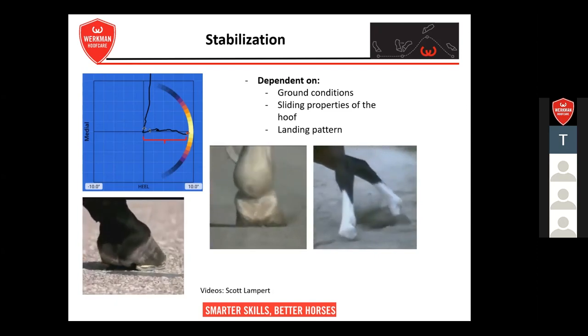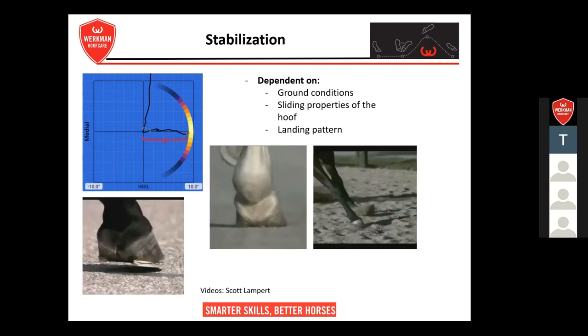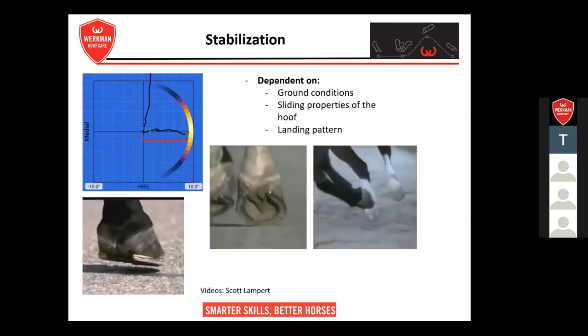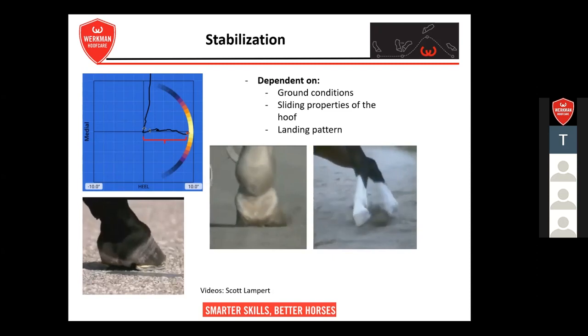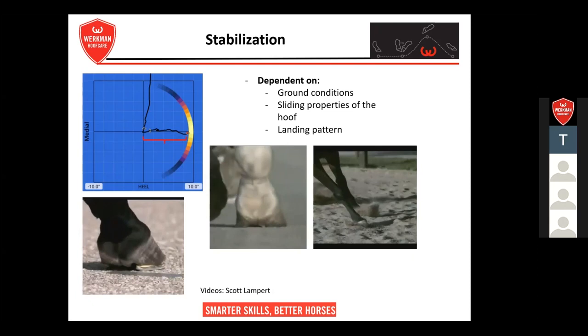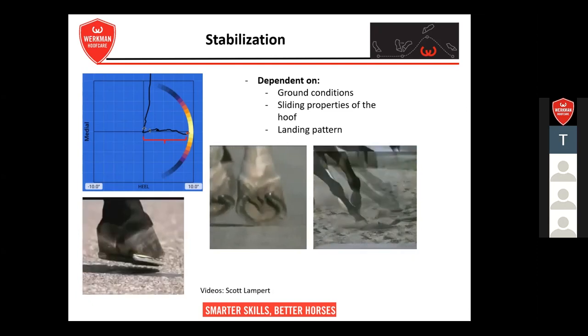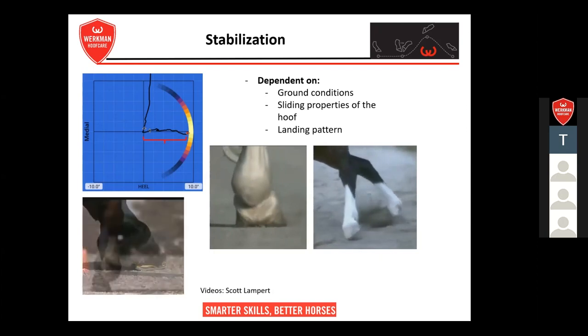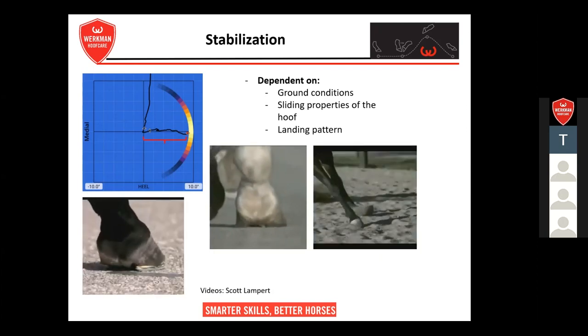So there we as farriers come into the game. If you can change the sliding properties of the shoe or the hoof itself, you definitely influence the progress of stabilization. It really depends on how we create the shoe, for example, or which material the hoof protection is, or whether the nails are worn or not.